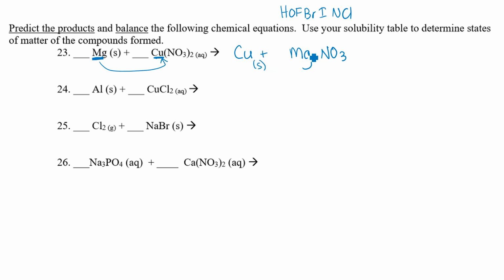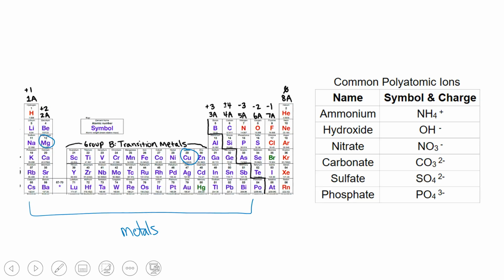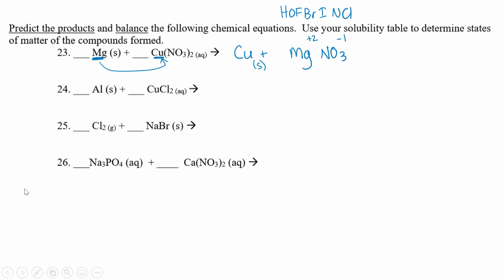And then when you're writing a formula for a compound, you want to consider charge. So magnesium is +2, nitrate has a -1 charge. How do I know that? Well, I've got my reference right here to figure out my charges. And they do not add up to 0, so I need to do a little crisscross, and my formula is Mg(NO3)2.